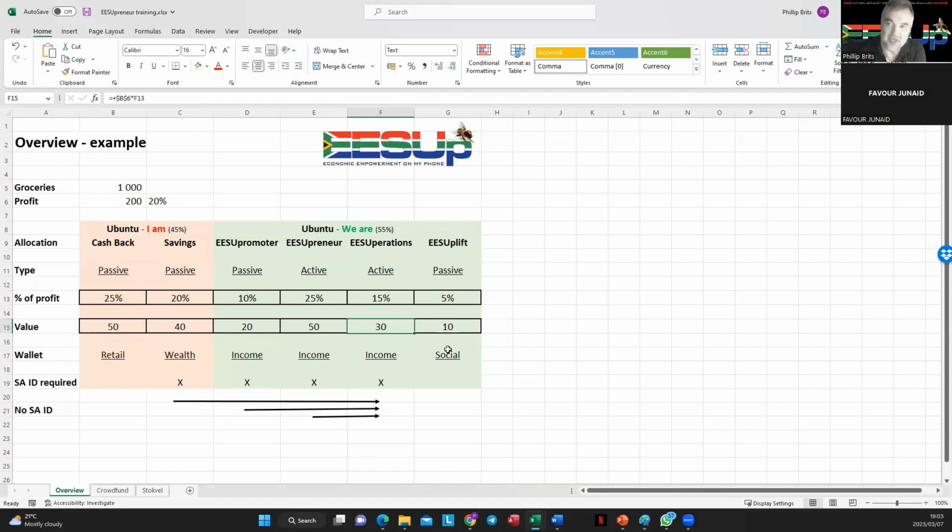Blue Valley is a closed community, and you can capture all of those activities. So the promote entrepreneur, the operations, the uplift, and the Ubuntu Nest. That means you're putting 600,000 Rand a month back into the pockets of somebody staying within that closed community. Listen to it. Wow.